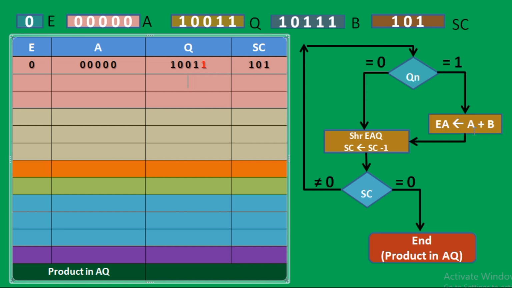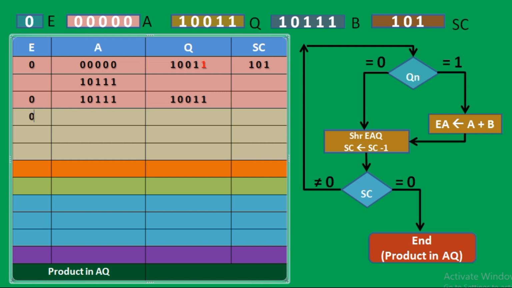That means, to A we are adding B, which is 10111. After adding, you will get the same 10111 and the carry is 0, and Q, 10011, is as it is. Now after applying this step, EA is A plus B. What is the next step? Shift right EAQ. We are shifting the 3 registers EAQ.